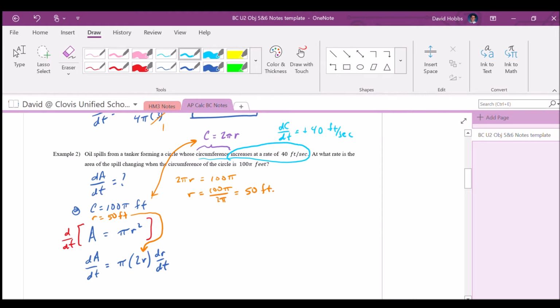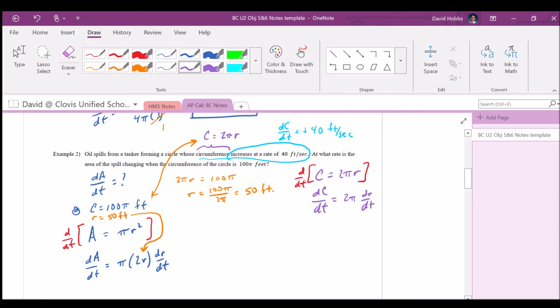So let's do the circumference, and we're going to take the derivative of that with respect to time. And so we do get dC/dt, but that's okay, we were given that value. And then I have 2 pi times dr/dt, and that's good because we're trying to find dr/dt.